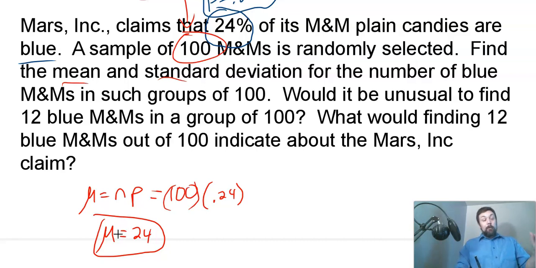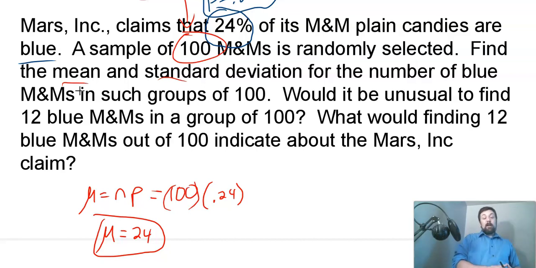So remember, your mean for a probability distribution is also your expected value. So if I have a pack of 100 M&Ms, I would expect to find on average 24 of them to be blue if Mars Inc. is telling the truth about that proportion, right?